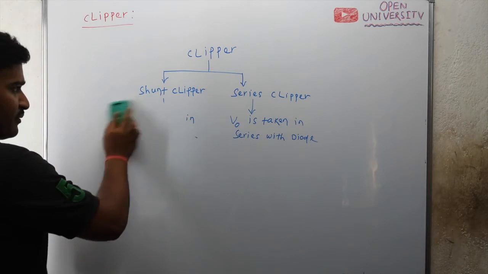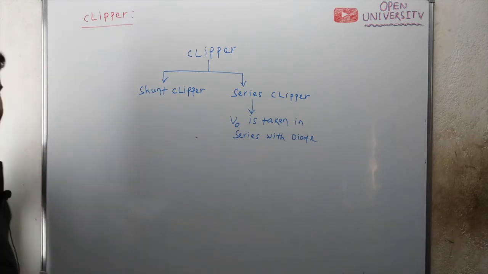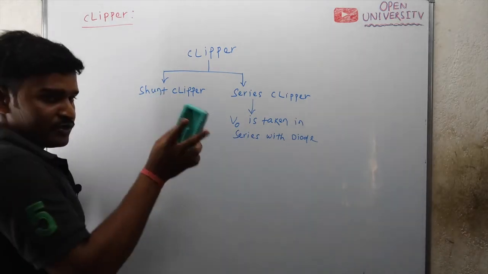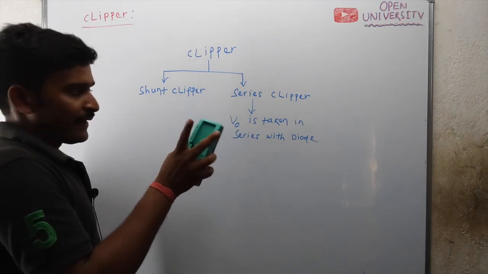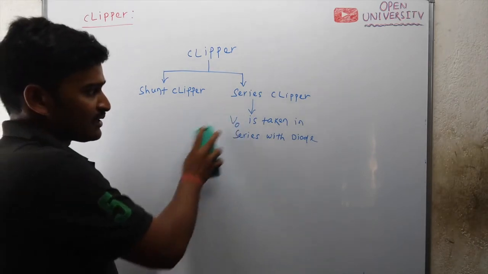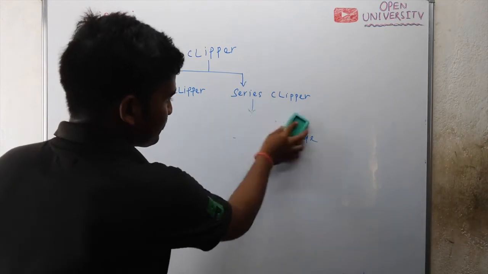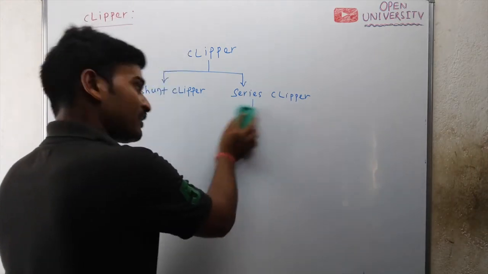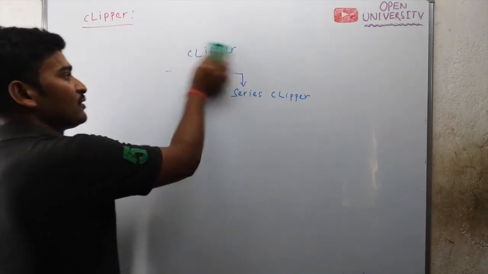The shunt clipper is of two types: positive clipper and negative clipper. Similarly, the series clipper is also of two types: positive clipper and negative clipper. We'll talk about both.